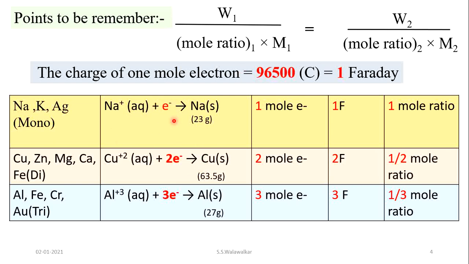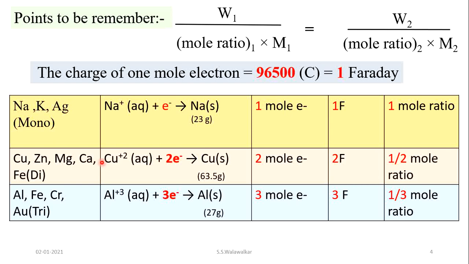A sodium ion takes up 1 electron and forms a sodium atom, and the mole ratio of this is 1, because 1 mole of electron is required to deposit 1 mole of sodium, that is 23 grams of sodium. 1 mole of electron is equal to 1 Faraday. So to deposit 1 mole of sodium, 1 Faraday of electricity is required.